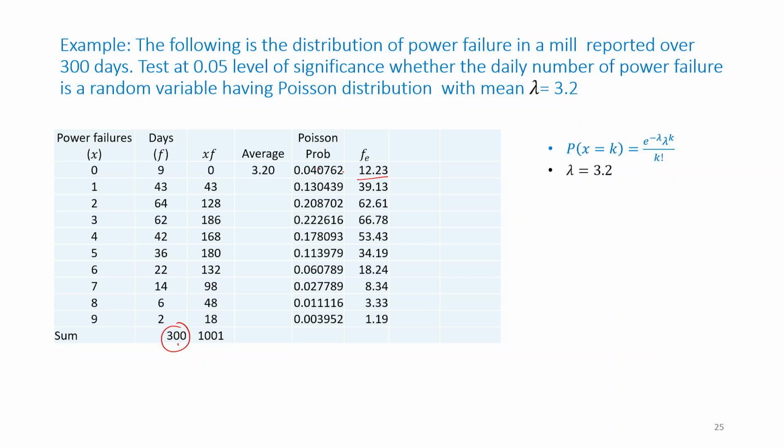That means these probabilities should be multiplied by 300 to generate the corresponding expected frequencies. These probabilities have been multiplied by 300, and these are the corresponding actual frequencies that we have found. So the expected frequency is 12.23, actual is 9. Here the expected is 53.43, actual is 42.